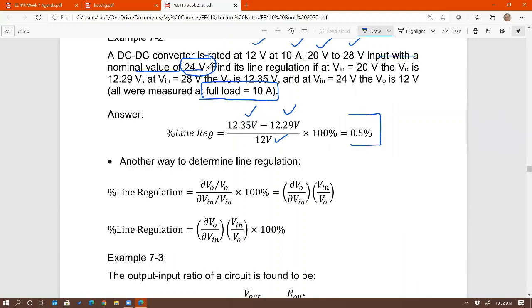So that's given. What about if you're designing one? If you're designing a DC to DC converter, then that's something that you have to know before you design it.